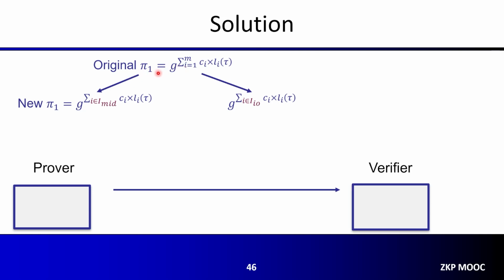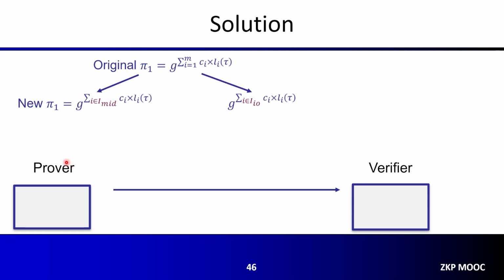So then we can actually decompose this original proof pi1 into two parts. In the new proof, the first part is only known by the prover, and I'm calling these wires the set I_mid. Instead of all wires from 1 to m, this is a subset called I_mid known only to the prover. That includes the secret witness known by the prover and all the evaluations related to this secret witness.